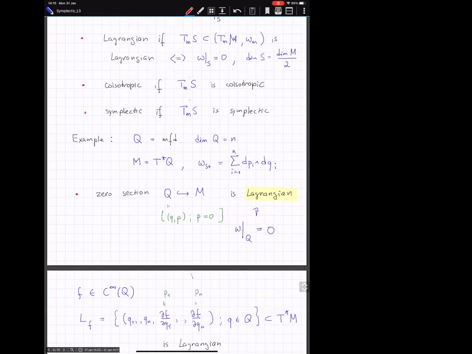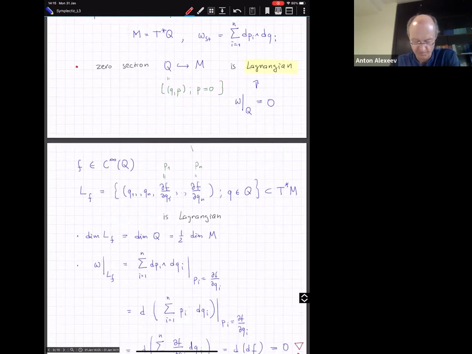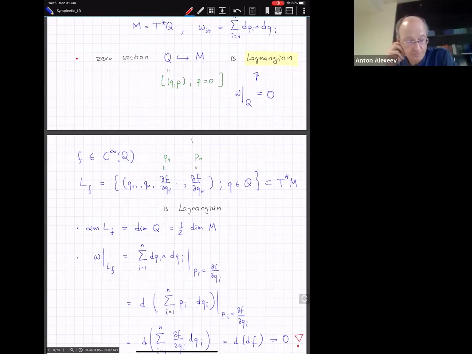Okay, and I guess the last one for me at the moment is about the Lagrangian submanifolds of the cotangent bundle. Sure. Maybe it is a very silly question, but are there any other Lagrangian submanifolds of the cotangent bundle?